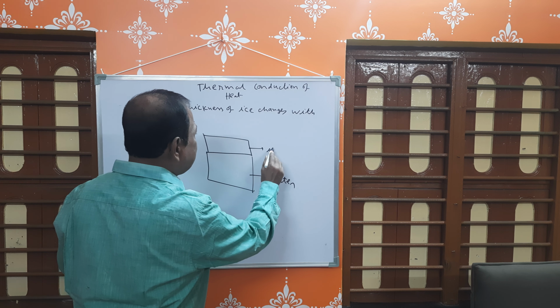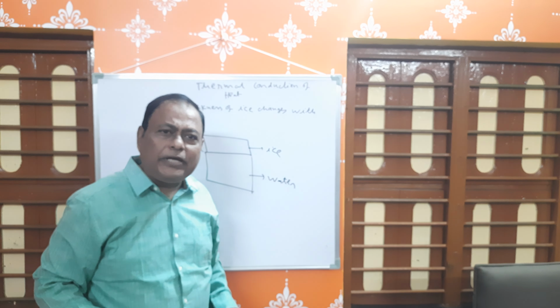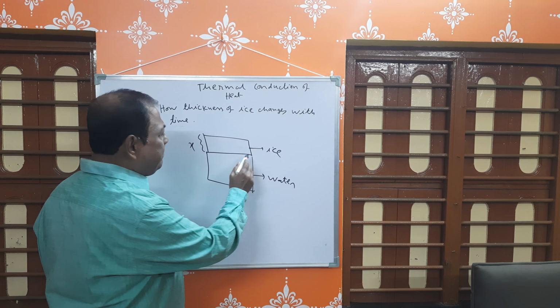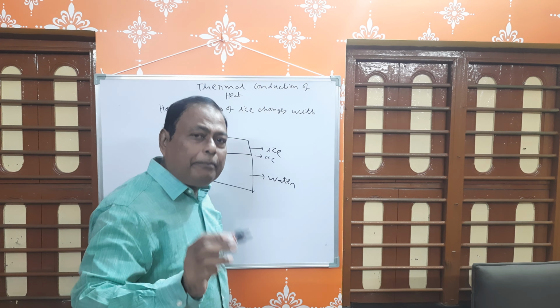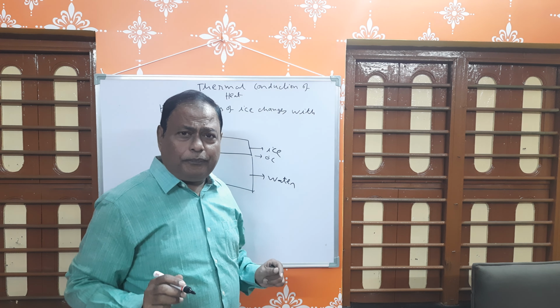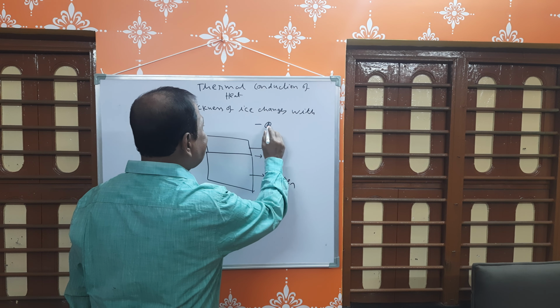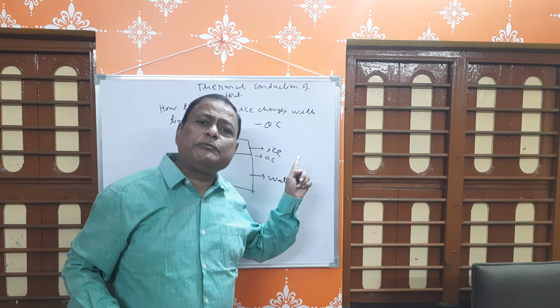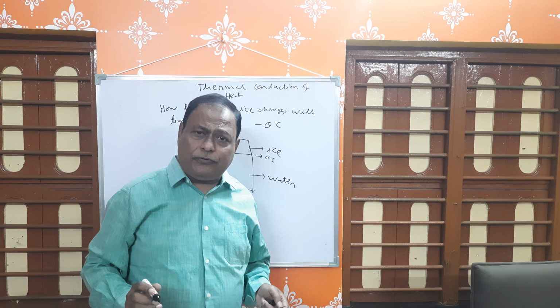That is the ice of thickness X has been formed in very cold countries. So the temperature at the water and ice junction is 0 degree centigrade. Now the temperature is very cold in the country. Then the atmospheric temperature is minus theta degree centigrade. Suppose the X thickness of ice has been formed.